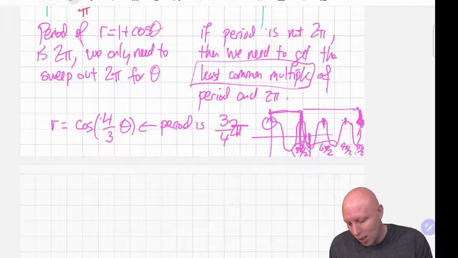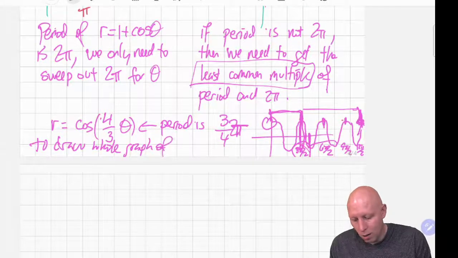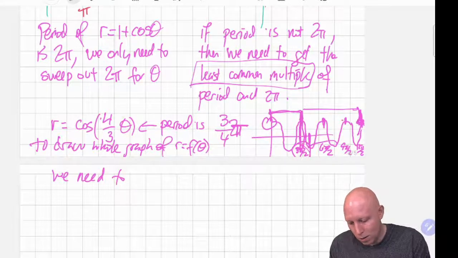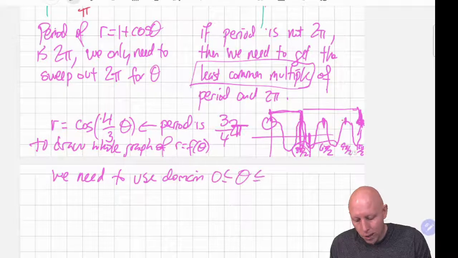And so to draw the whole graph of r is equal to f of theta, we need to use domain theta between 0 and 6 pi.